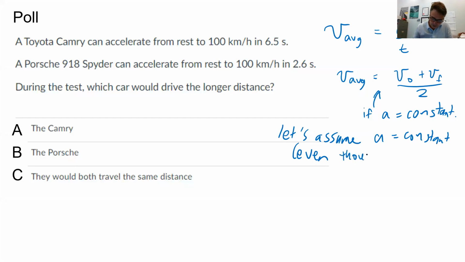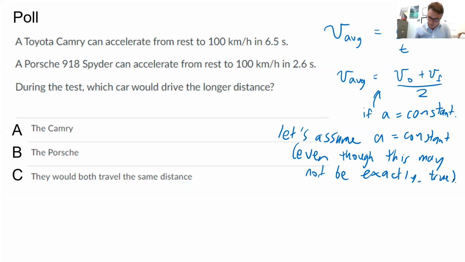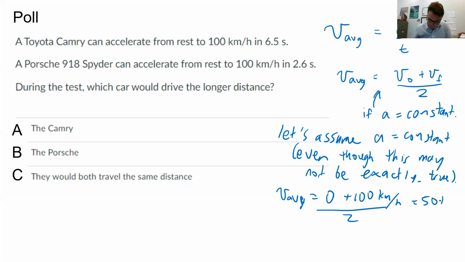It may not be true, but it gives you a rough idea. If it was constant, then V average would just be 0, which is what it started at, plus 100 kilometers per hour, divided by 2, which is 50 kilometers per hour. So both cars have 50 kilometers per hour as their average speed.